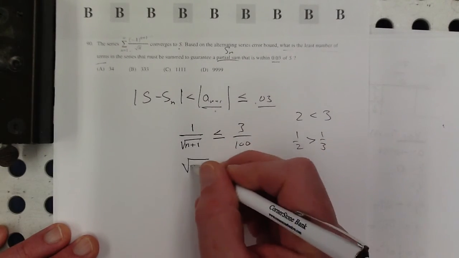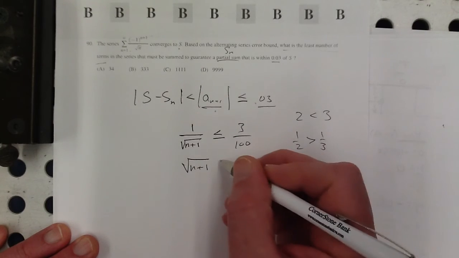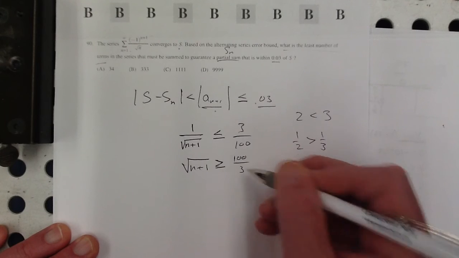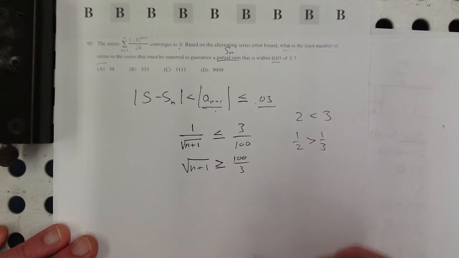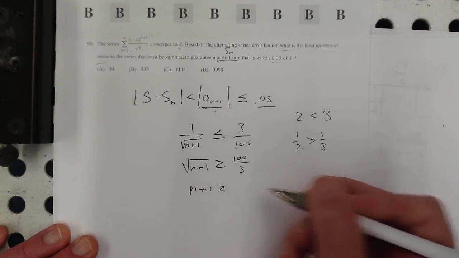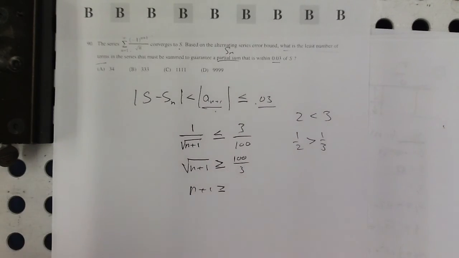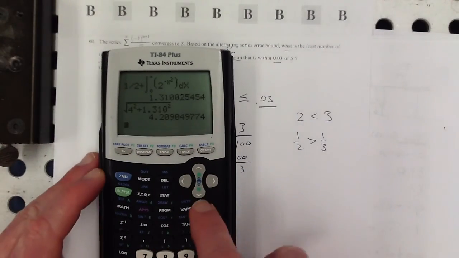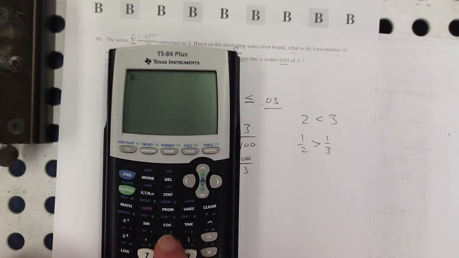So that means that n plus 1 must be greater than or equal to 100 over 3. I'm going to square both sides, so n plus 1 is greater than or equal to 33 and a third. I'll just do the whole thing there, 100 over 3 squared.